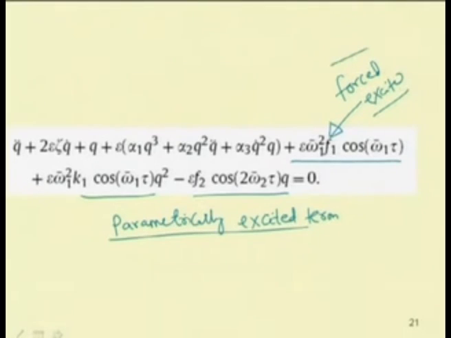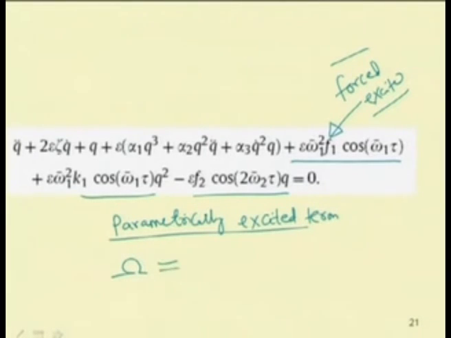Already I told that in case of forced vibration, when the external frequency equals the natural frequency of the system, resonance occurs. But in case of a parametrically excited system, one can also find resonance.